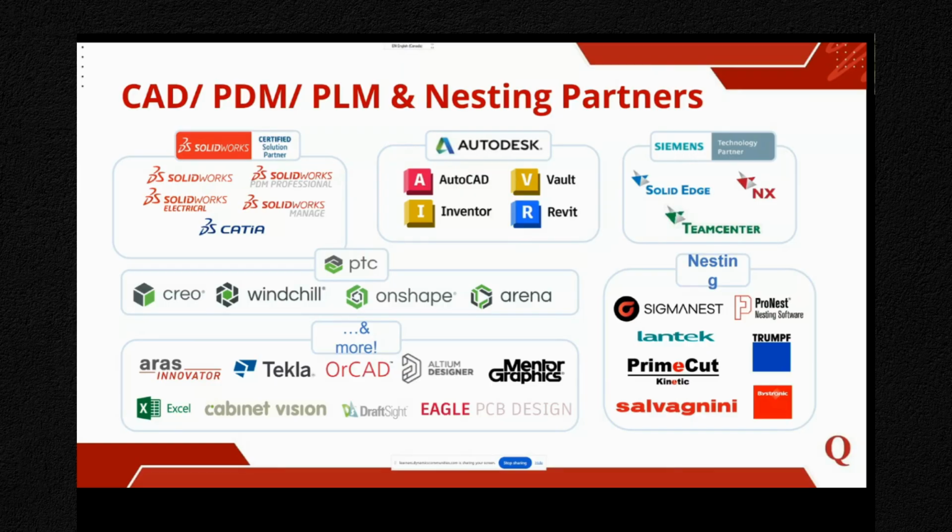If you don't see a CAD system that your customer uses, please feel free to reach out. I just couldn't fit all the logos on one page here. We also provide nesting integrations. If you have nesting software for raw material cutting, we can integrate that to finance and operations as well. So we're really covering all the engineering and shop floor, as well as getting everything over into finance and operations.